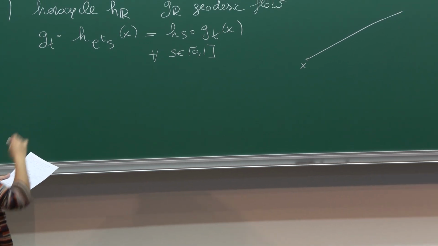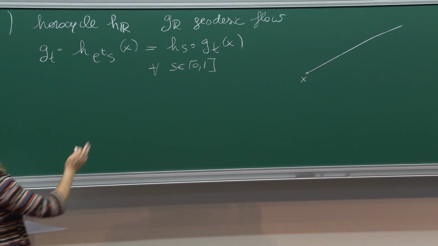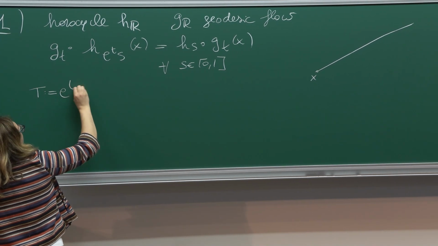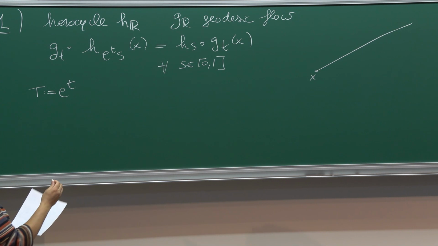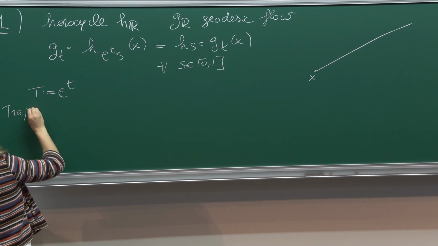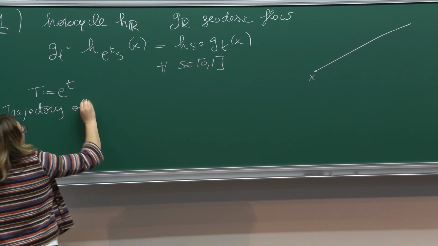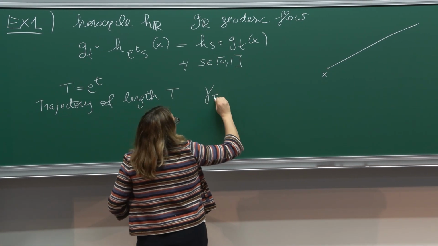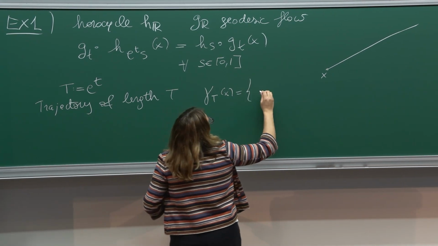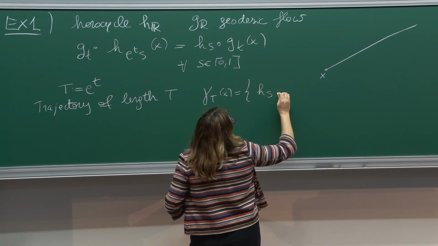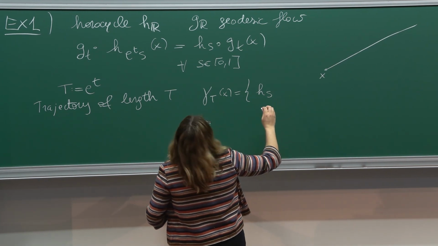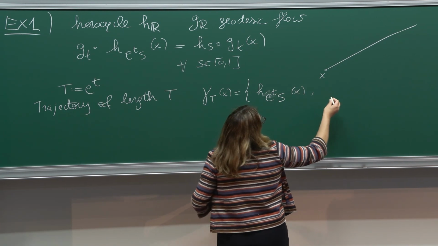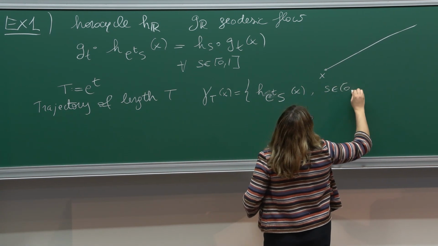And let's move T. So if I fix s in [0,1], and I take a big T, e to the t, then I can take a trajectory of length big T. So let's call it gamma T of x. Actually, we can write it like this: H_T(s) of x for s between 0 and 1.